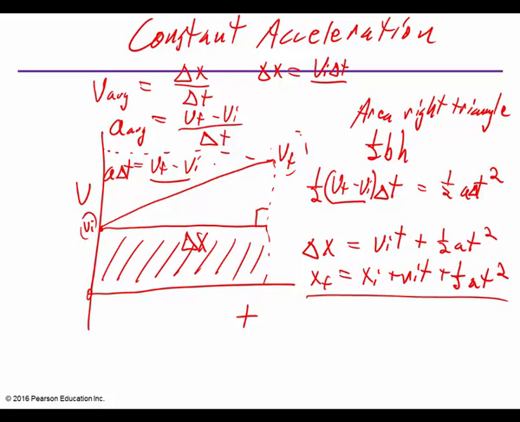If we take this equation right here, our average acceleration is equal to V final minus V initial over delta T, and solve for V final, well then V final becomes the initial velocity plus the acceleration times the time.